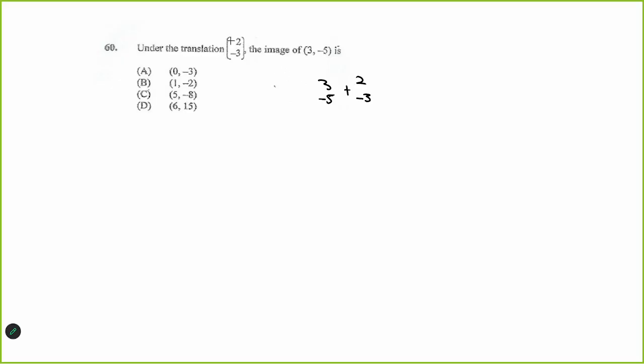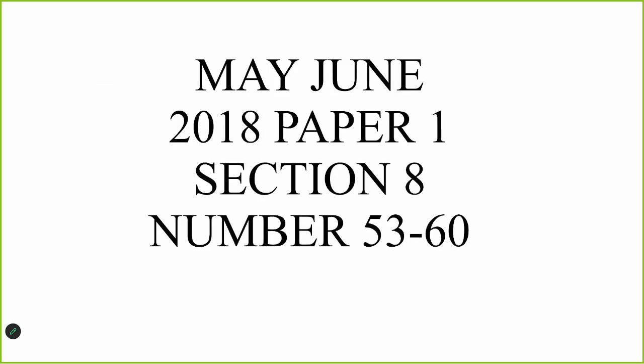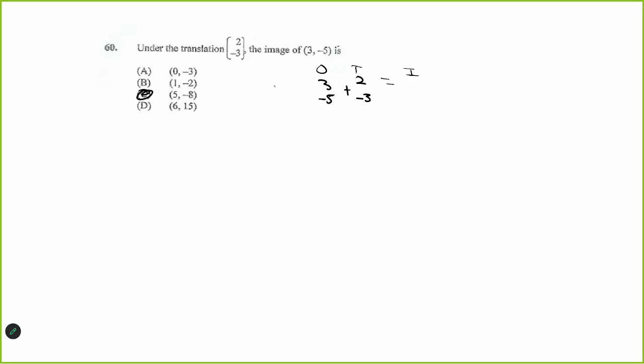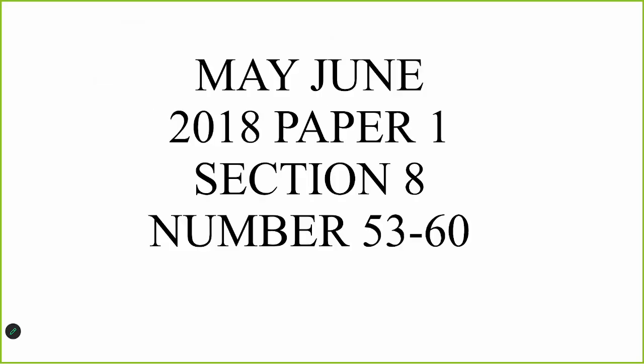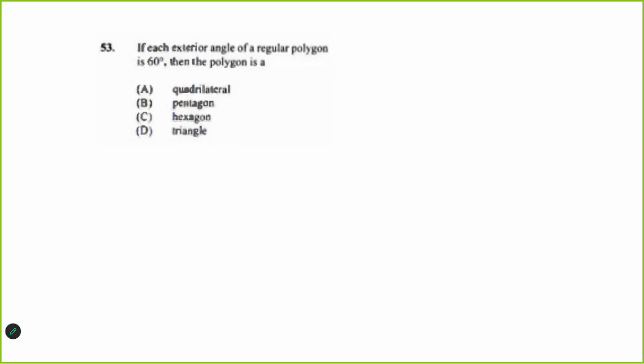The translation 2, minus 3, the image of, so the object plus the translation would give you your image. 3 plus 2 is 5, minus 5 minus 3 is minus 8, so the answer is C. That's the end of January 2017. Let's look at May, June 2018, right?